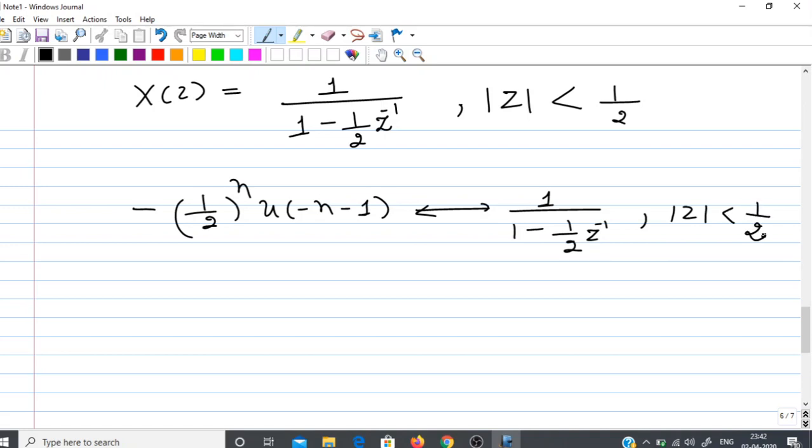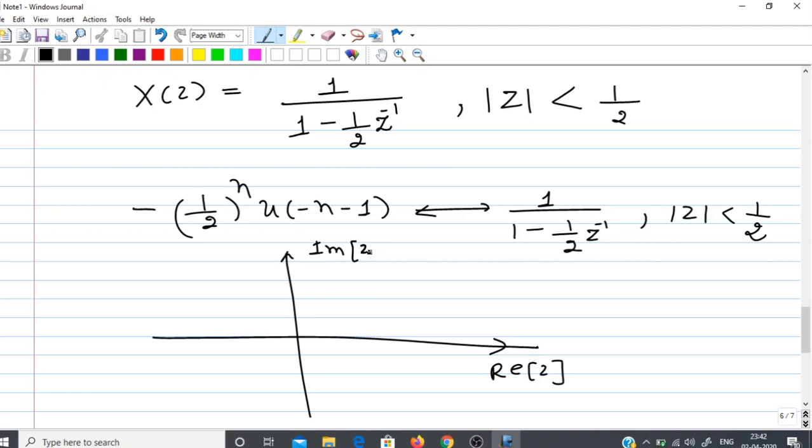Now if I draw the ROC of this X of z, what would it be? So this is my z plane, this is the real part of z, and this is the imaginary part of z axis. Now what would be the ROC? ROC is mod z strictly less than half.